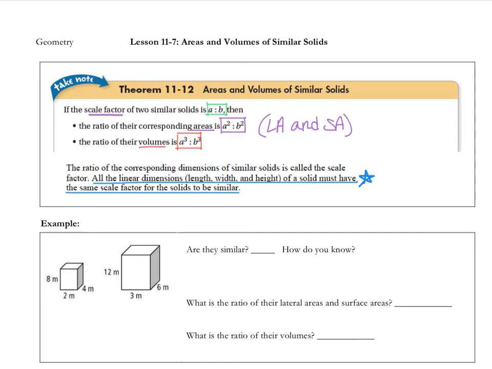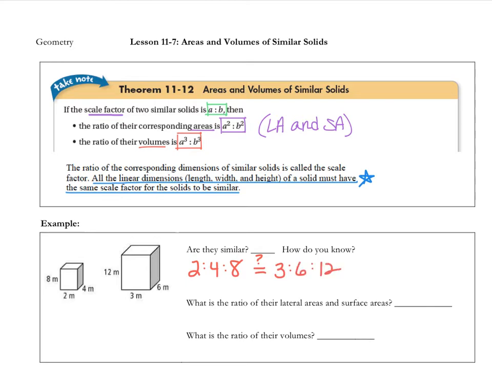So here's an example of two rectangular solids. The first question: are they similar? We're going to do just like we did before and check if the sides are proportional. I'm doing a scale factor type of calculation. I want to know if 2 to 4 to 8, going small to medium to large, and in the same order, same position on the two figures, 3 to 6 to 12.